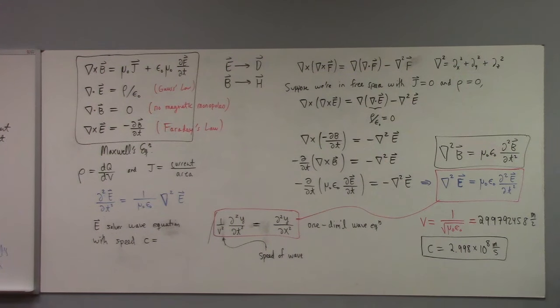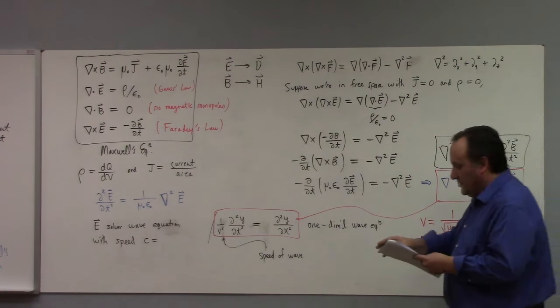But these equations imply the speed of light is this, and what does this have to do with where the source of the light came from? Nothing. It's just a property of space and time itself, so this implies that the speed of light is constant with respect to all inertial observers.